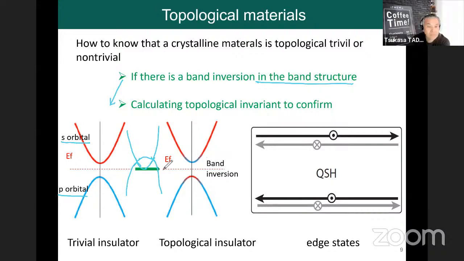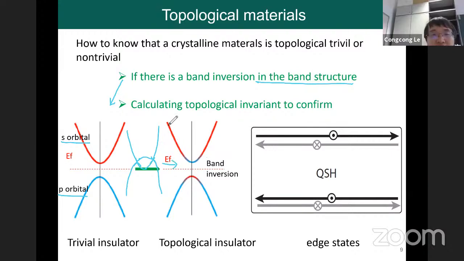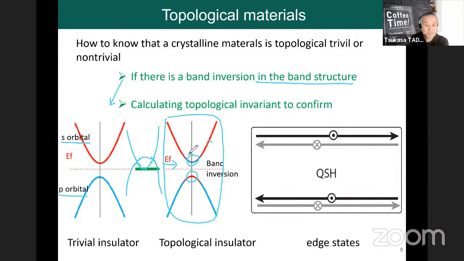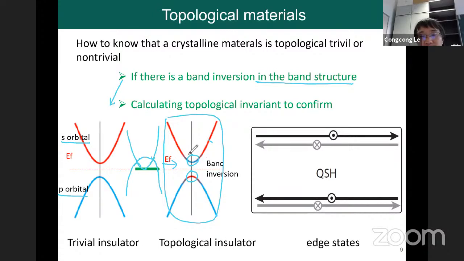So finally we can get this band structure. We can see the s orbital in the valence band like this, and the p orbital is in the conduction band. In this case, we call it band inversion.